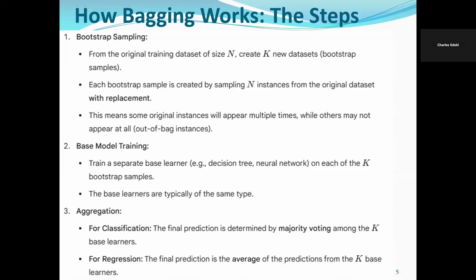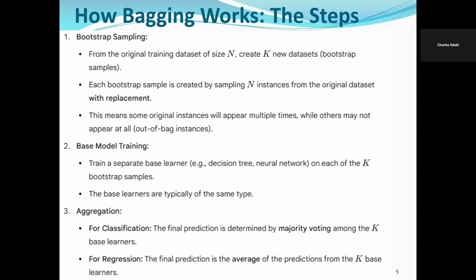Okay, the next will be the characteristics of the base learners. As we mentioned earlier, the majority of the time they will be the same model. If you are using decision tree, preferably use only decision tree. If neural network, use only neural network.